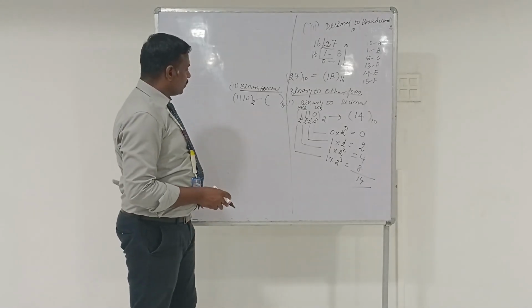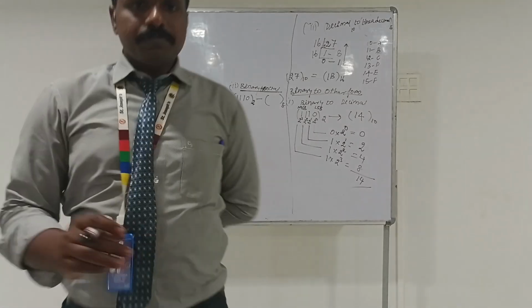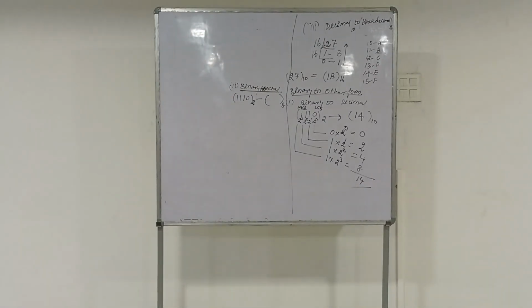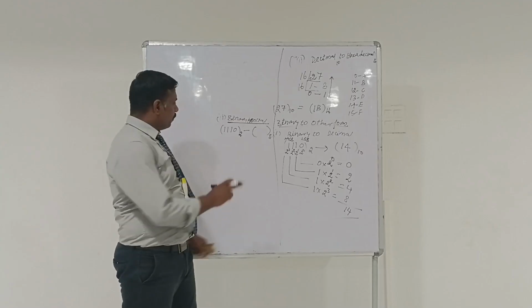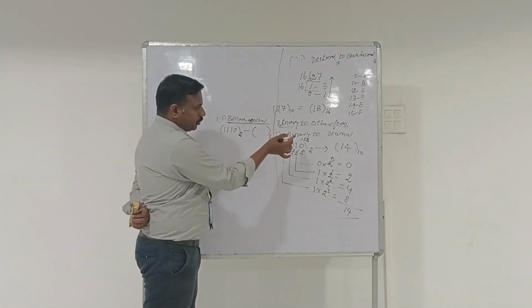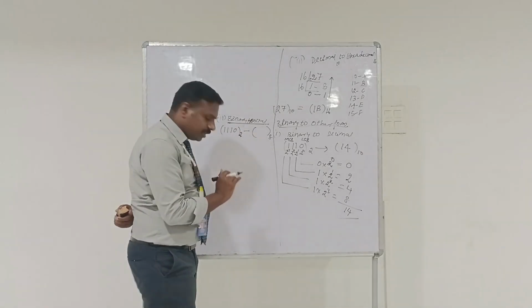Similarly here in binary to octal conversion. Binary to decimal we know very well. Binary to octal conversion is very easy.